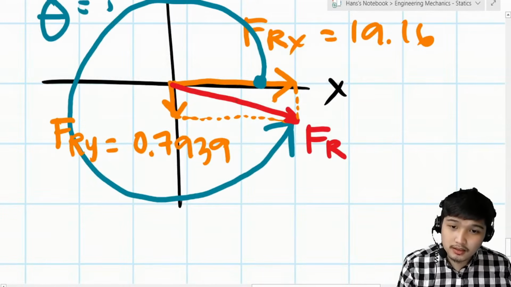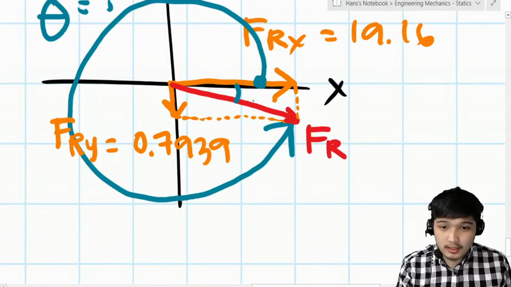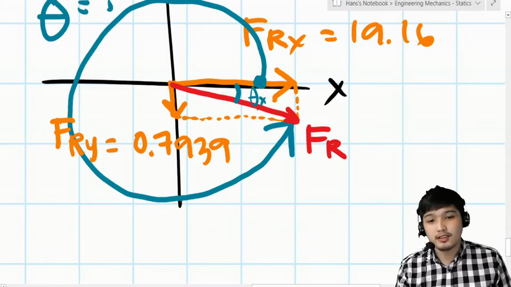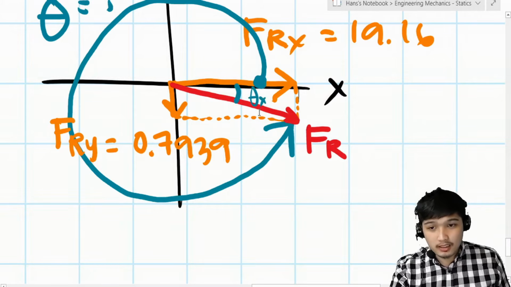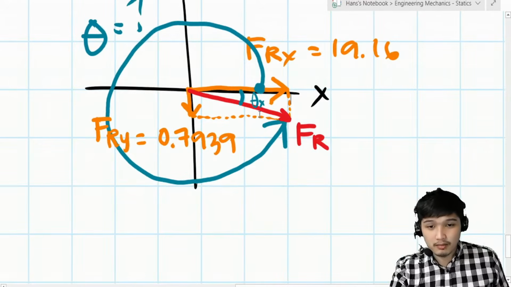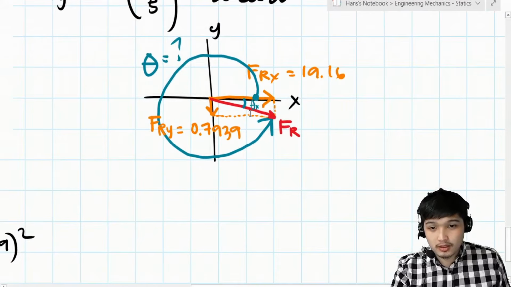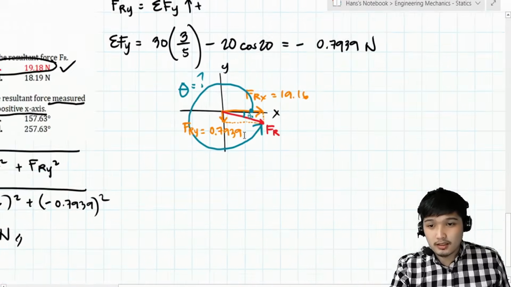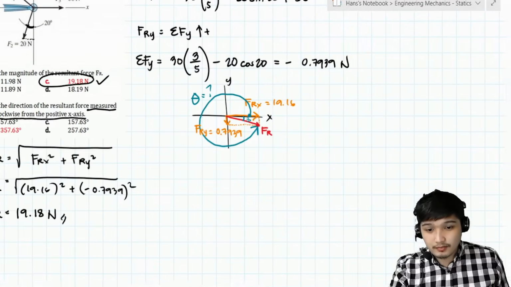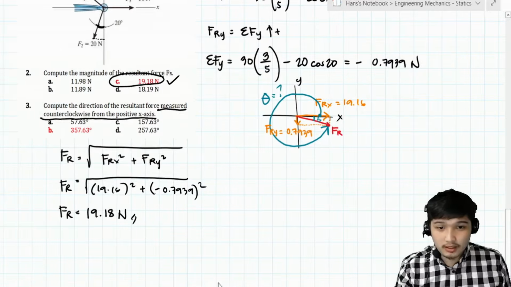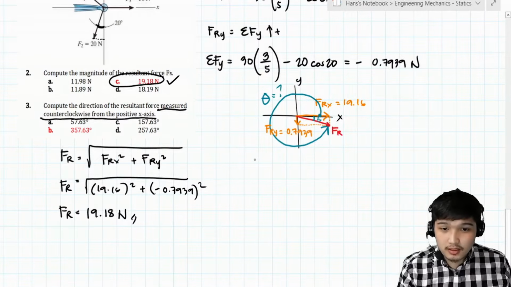Yung maliit dito. Ito yung parang lumalabas na theta x. Tama ba? Parang ganon. So, ibig sabihin, hindi directly natin makukuha yung angle na hinanap, pero po-provide naman natin siya using yung figure na nabuo natin. Okay? So, kunin muna natin yung theta x na yan, yung maliit doon.